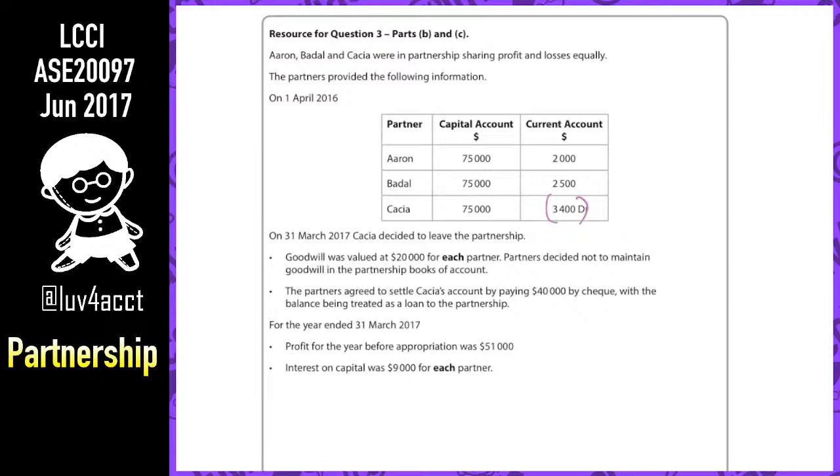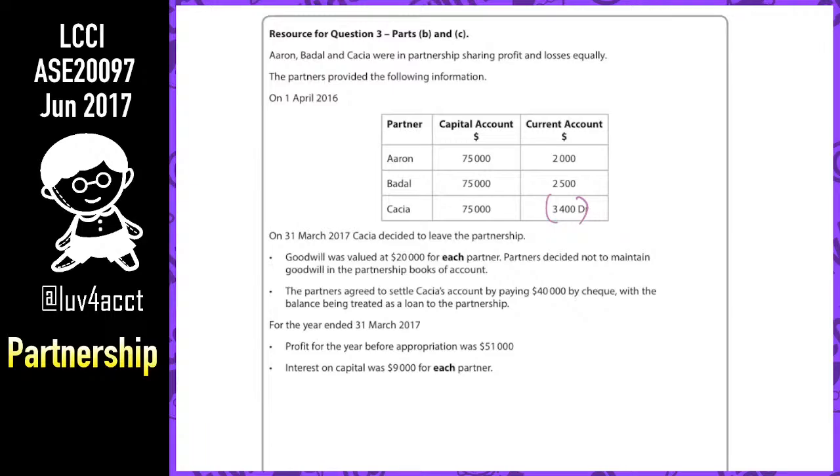Goodwill was valued at 20,000 for each partner. Okay, that means 60,000 in total. The partners decided not to maintain goodwill in the partnership books of account. The partners agreed to settle Cassia's account by paying 40,000 by check, with the balance being treated as a loan to the partnership.